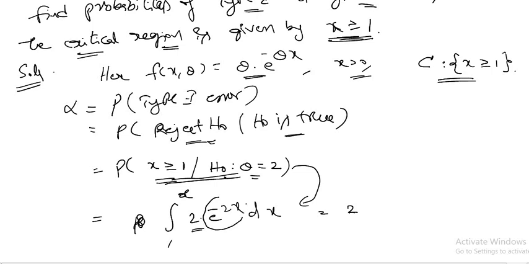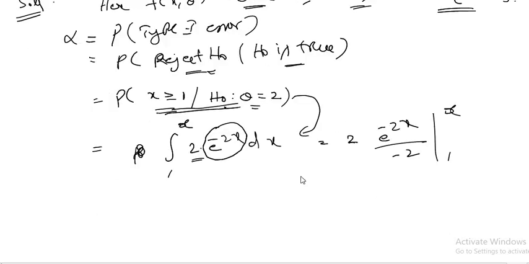Now do the integration of e power minus 2x. e power minus 2x by minus 2, 1 to infinite. Okay, 2 gets cancelled, minus 1. First substitute upper limit, e power minus 2x as limit x tends to infinite, minus lower limit, e power minus 2 into 1.